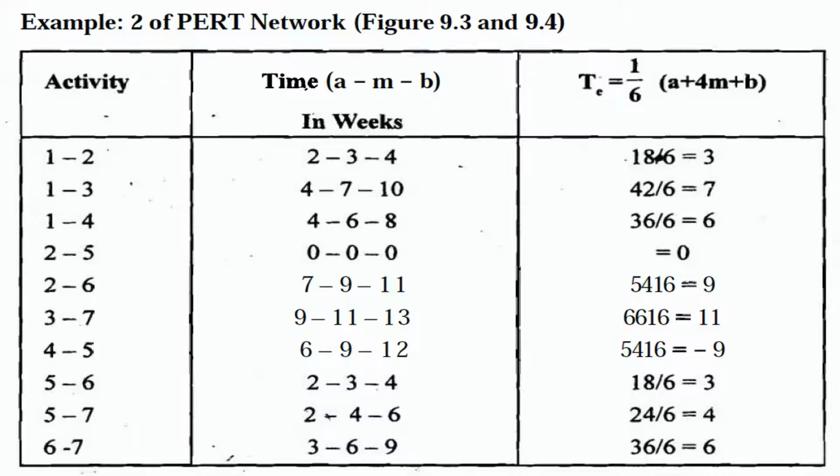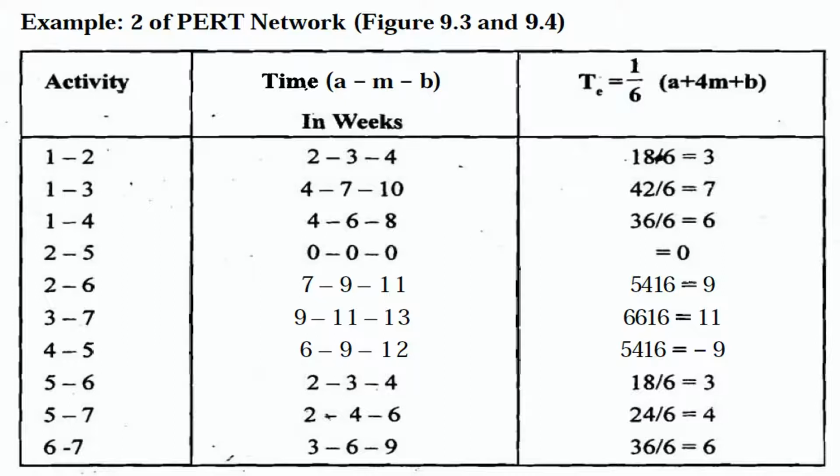The time schedule which is given is very important for you. These are time estimates. The first time estimate, A, you can treat as the most optimistic guess. Like this 1 to 2 activity may take 2 days, you can complete it in 2 days.